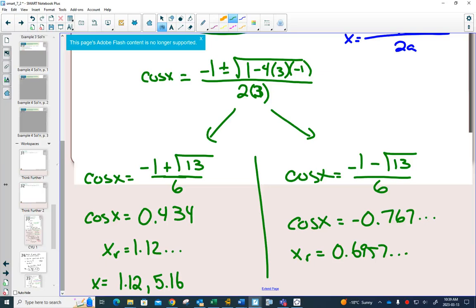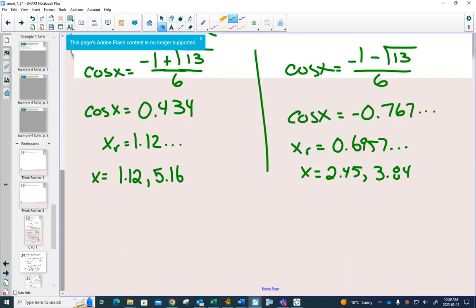So our quadrant 2 answer, we would do pi minus our reference angle and get 2.45, and pi plus our reference angle, 3.84.